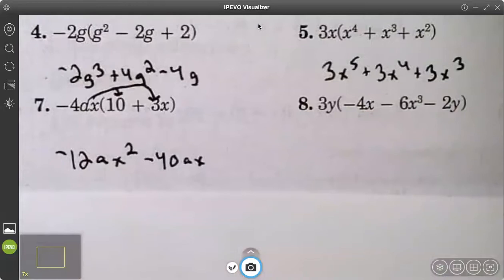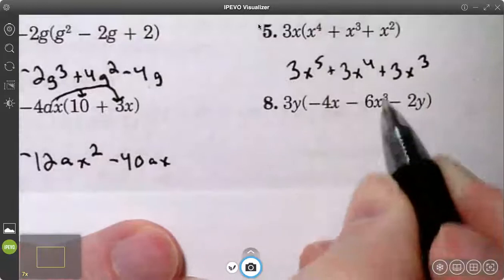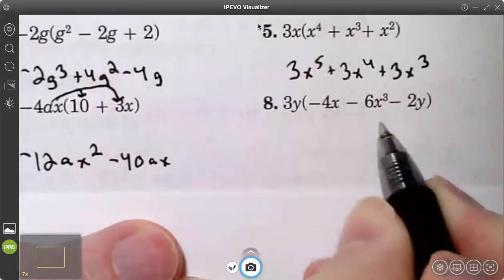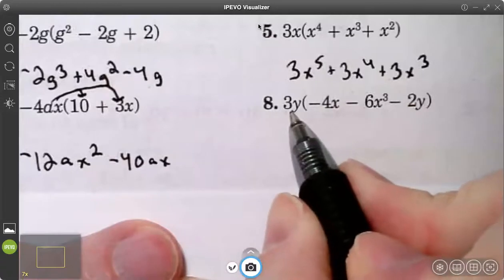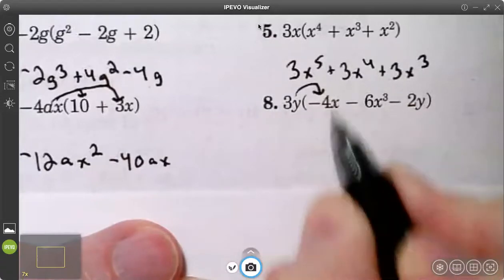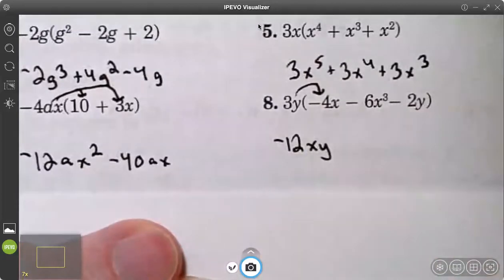Number 8, I know I'm going to have to rearrange them, but I'm going to go left to right because we have to deal with alphabetical and multiple degrees and different things. So this times this is negative 12, and let's write them alphabetical, xy.